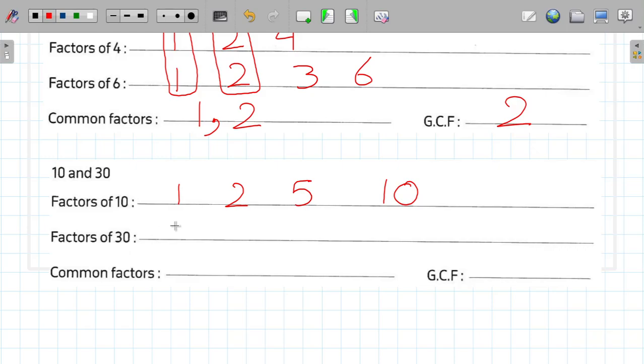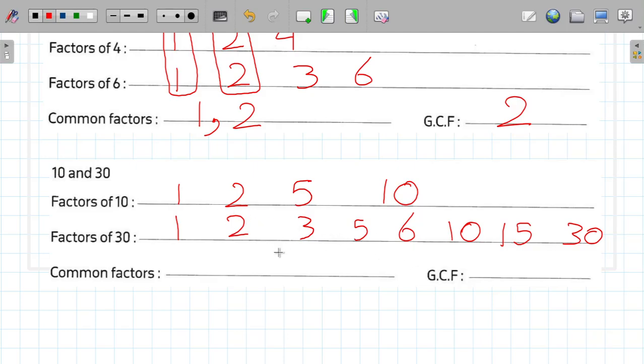The factors of 30: 1 by 30, 2 by 15, 3 by 10 and 5 by 6.